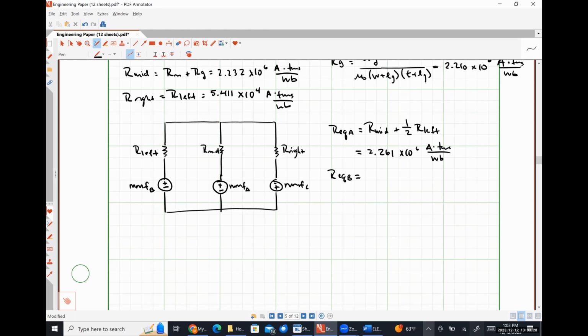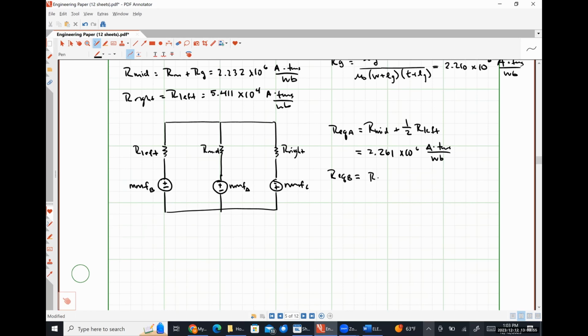The equivalent reluctance seen by coil B is what Caitlin suggested, to where it's going to be left in series with middle in parallel with right. Because the middle and the right don't have the same value, I can't just say it's half of R mid or half of R right, so I'll have to do this out a little bit more explicitly.